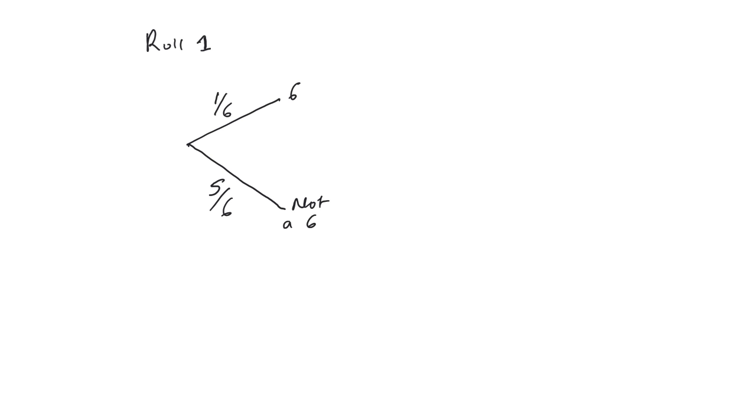Now you try the second time. If the first time you were successful and you got a 6, then you can still go ahead and roll the second time. You can get a 6, or you can fail to get a 6. So this is 6, and this is not a 6. Or it can be the other way around.